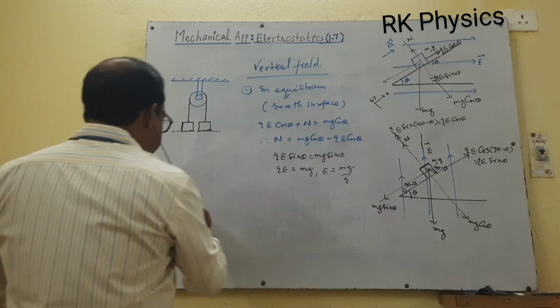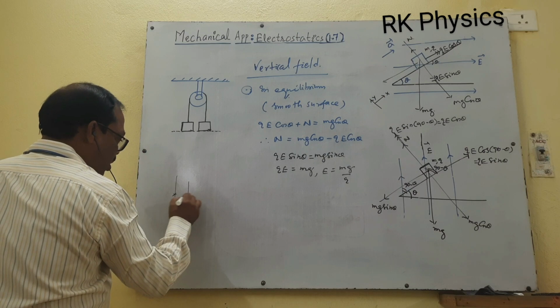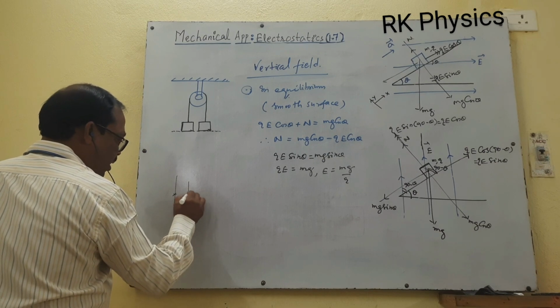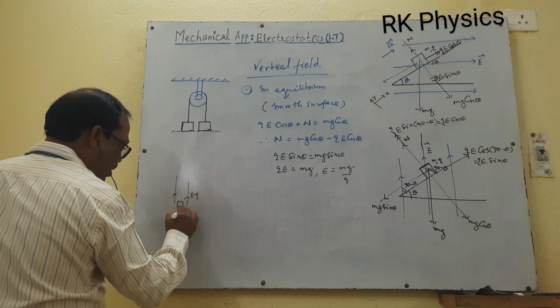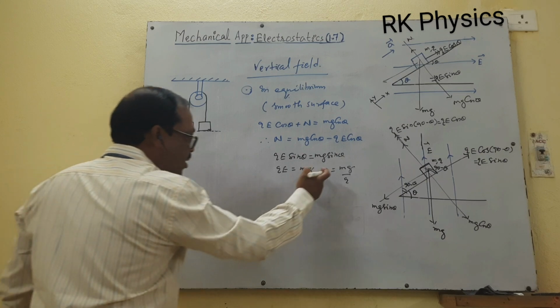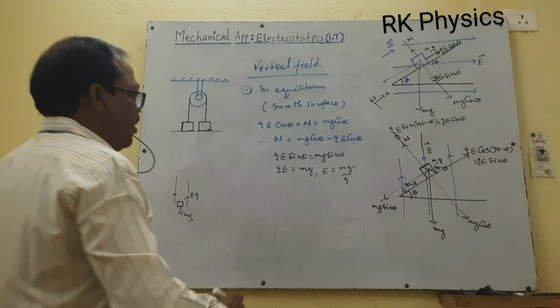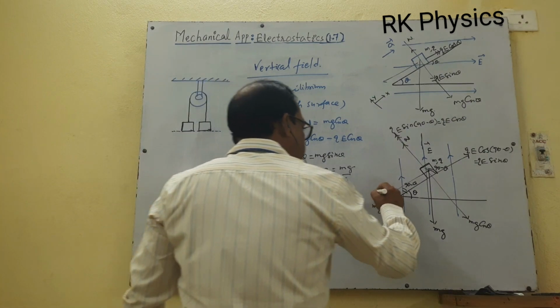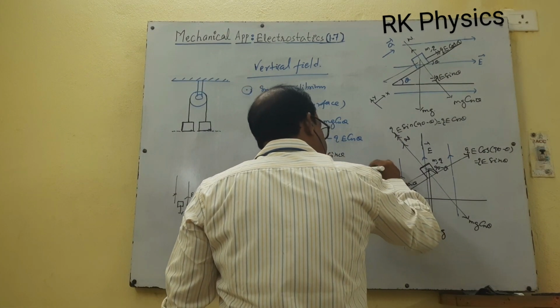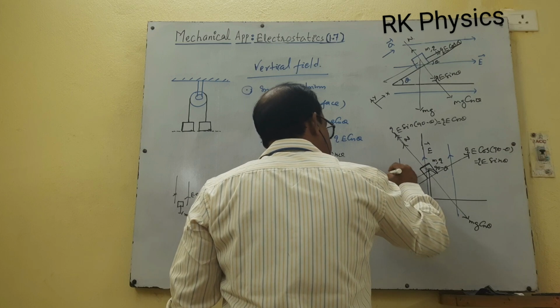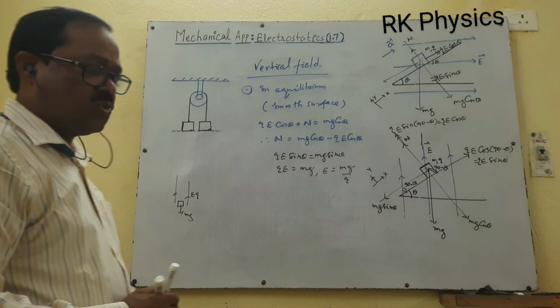So if the field is vertical, the object is somewhere here. In order to produce force EQ, weight is mg, exactly you will get the same formula. Now here you take this direction as the y-axis and this direction as the x-axis.